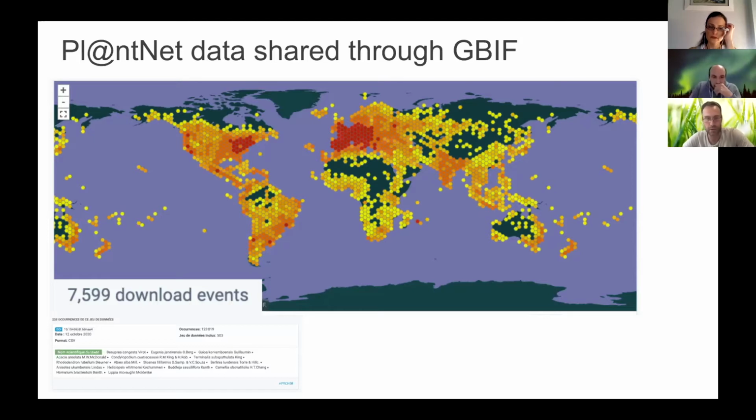So far, there have been more than 7,000 downloads on GBIF that make use of PlantNet data. That means that some people came to the platform looking for some species in some countries, and in this way, they used the PlantNet observations that were collected on this platform.